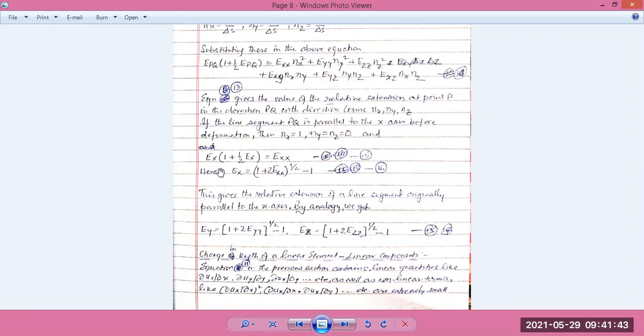Then EPQ will reduce to exx because all others become equal to 0, or the change of length along PQ along the x-axis is given by this form itself. Similarly, the change along the y-axis and along the z-axis can be easily calculated as under.